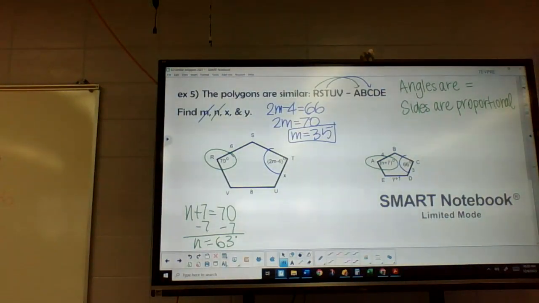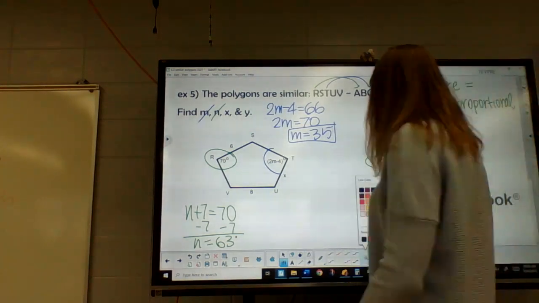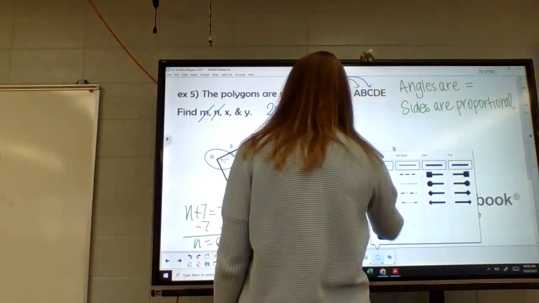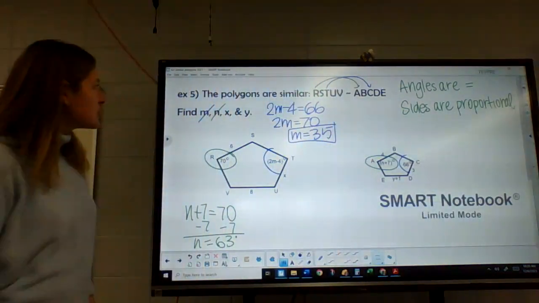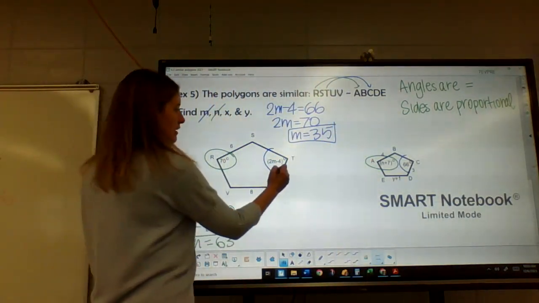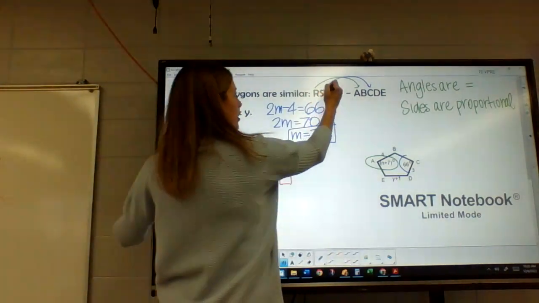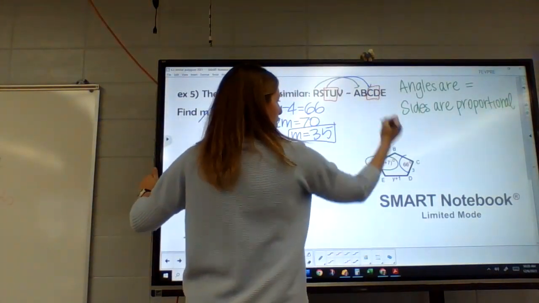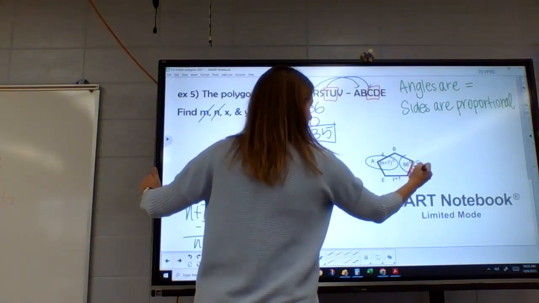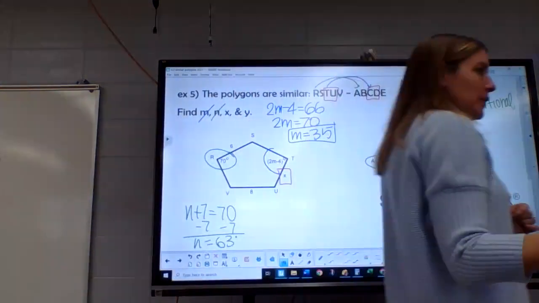We're going to go for x. It's the hardest one. Careful. So x should go with which side? CD. So TU, if you're unsure, TU goes with CD. Now remember, x and 3 are not the same.